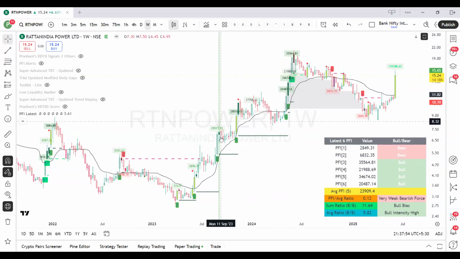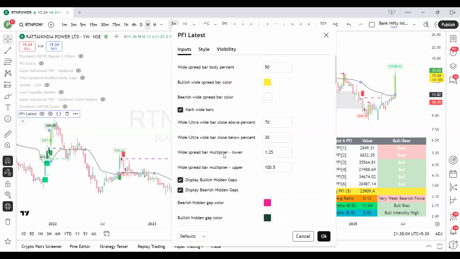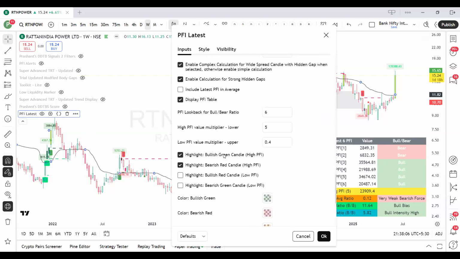This vertical bar, if you see, is a bar where the PFI has increased by more than 5 times. There is a setting for this. If I go to the inputs in settings, then we can see the PFI look back ratio. It is checking for a ratio of 6 and the high PFI value multiplier is 5.